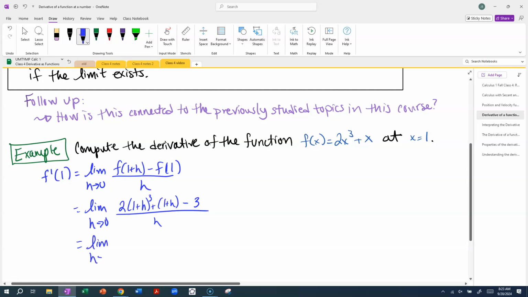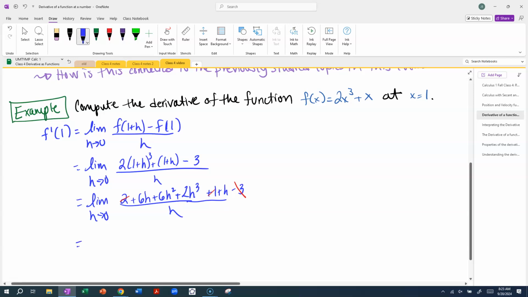Limit, h goes to 0, and then expanding, this is going to be 2 plus 6h plus 6h squared plus 2h cubed, and then plus 1 plus h minus 3, all over h. If I reduce, the 1 and 2 will cancel with the 3, and then the h's will combine.